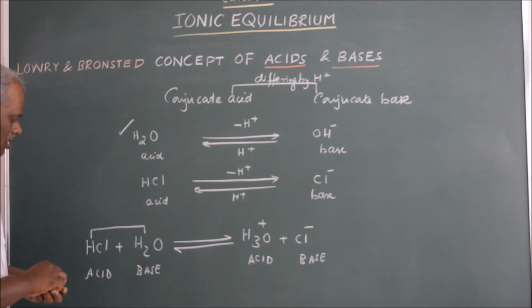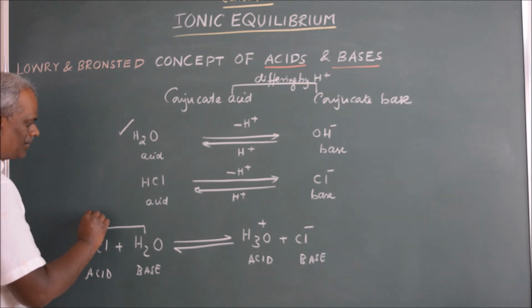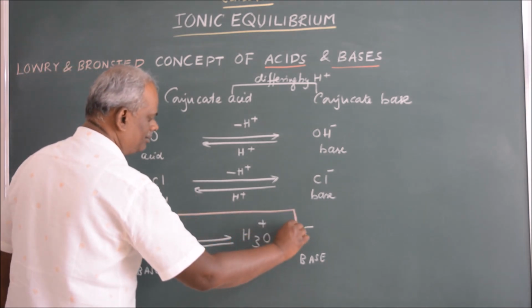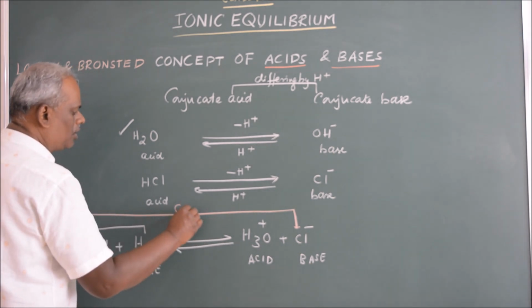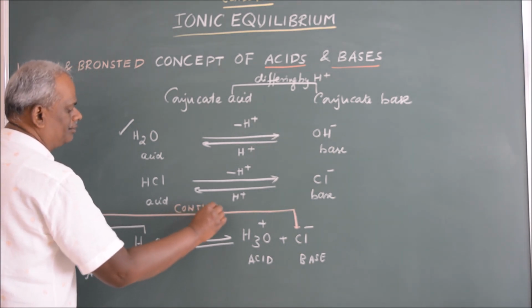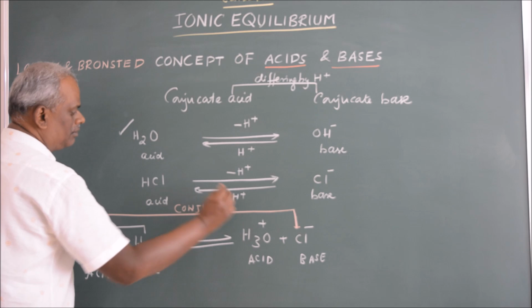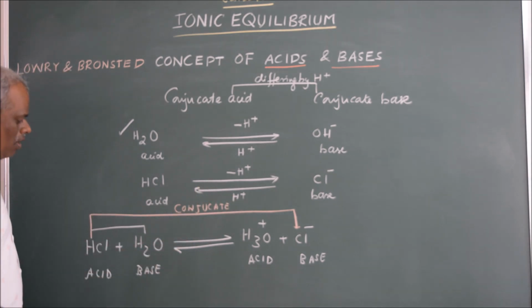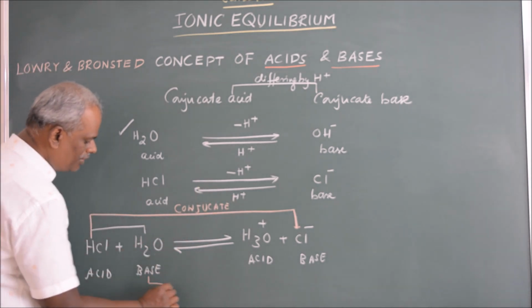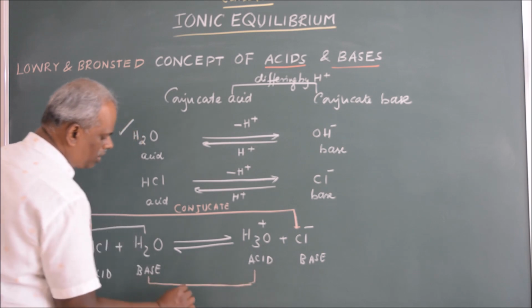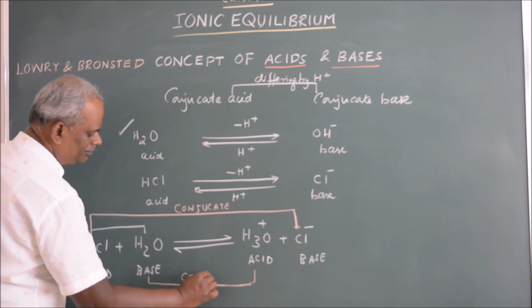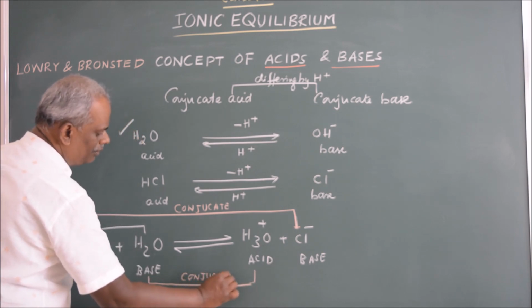Just identify the conjugate acid-base pair now. The conjugate of HCl is Cl minus. These two are conjugate with each other. Likewise, what will be the conjugate acid of this base? These two are conjugate with each other. Very simple.